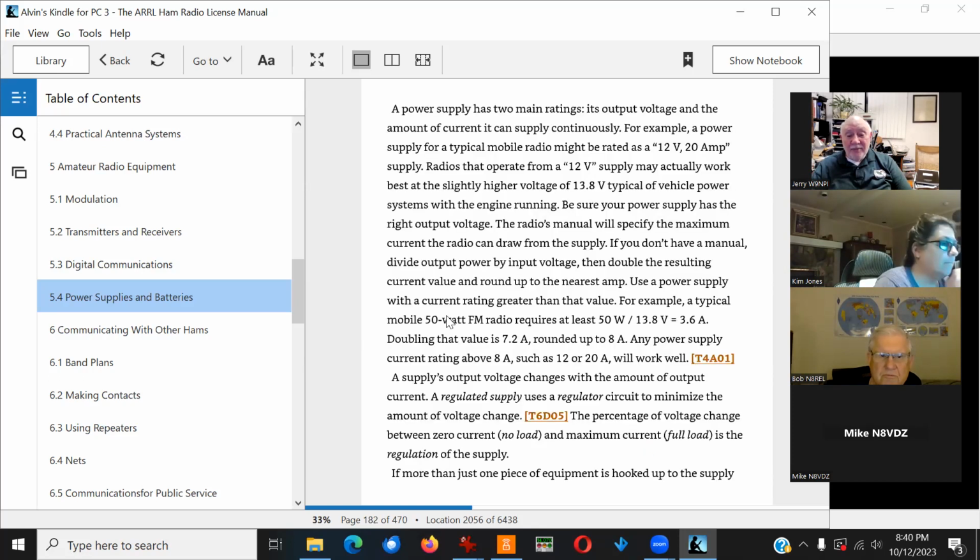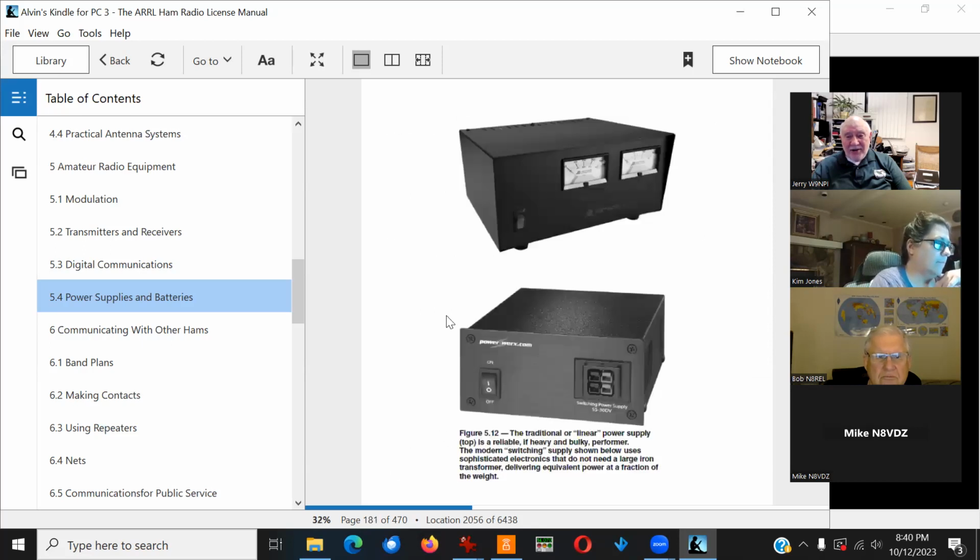And anything else? All right. These things have voltage regulation. From the Ohm's law that we've been doing, if you put a load on a power supply, it's going to draw current, and if you're drawing current, it's going to cause the voltage to drop down.